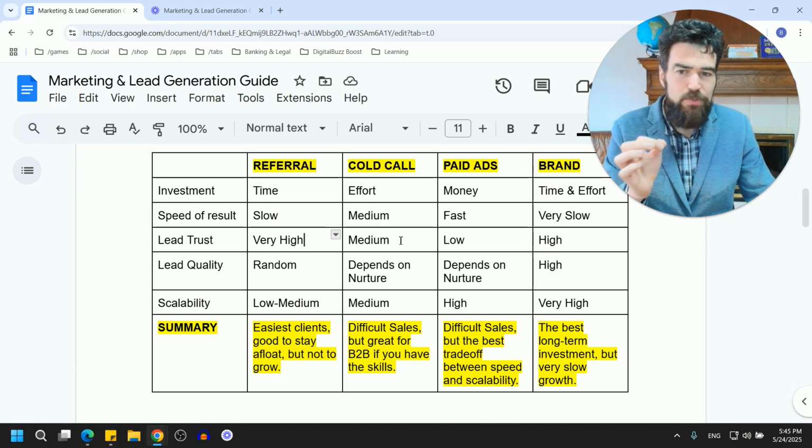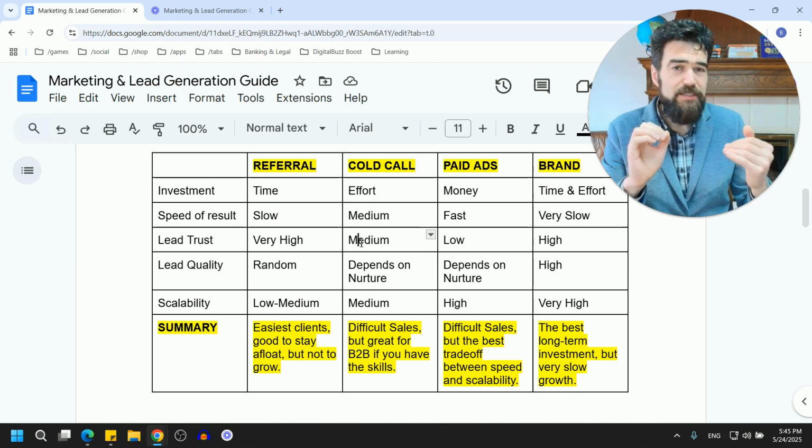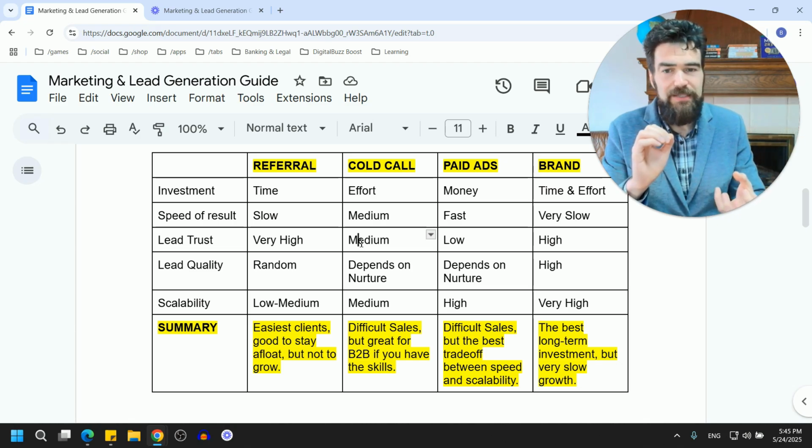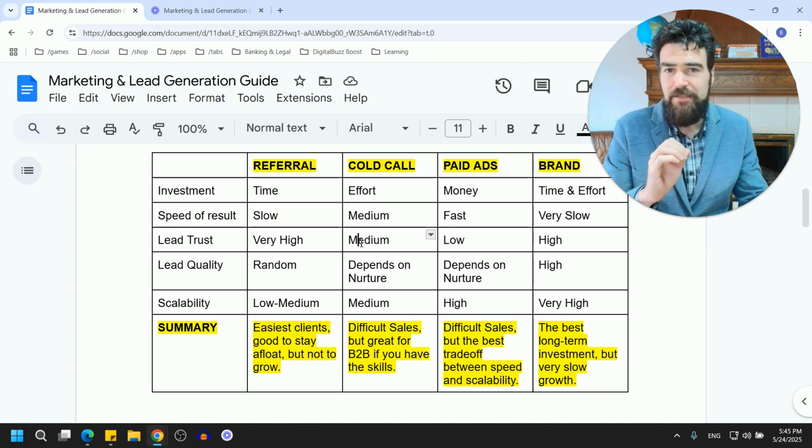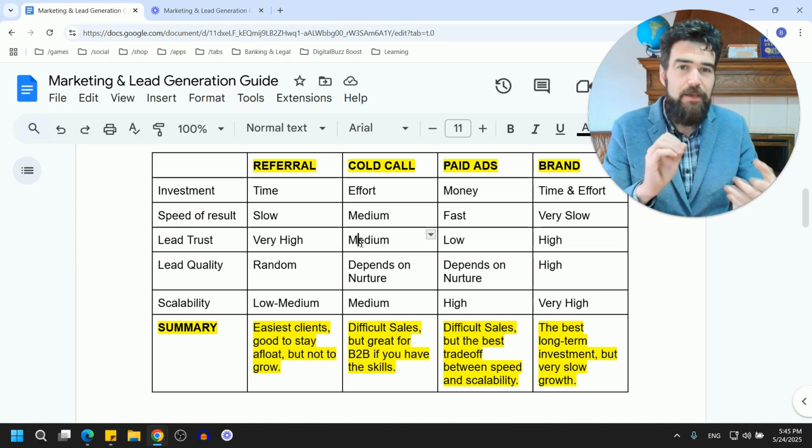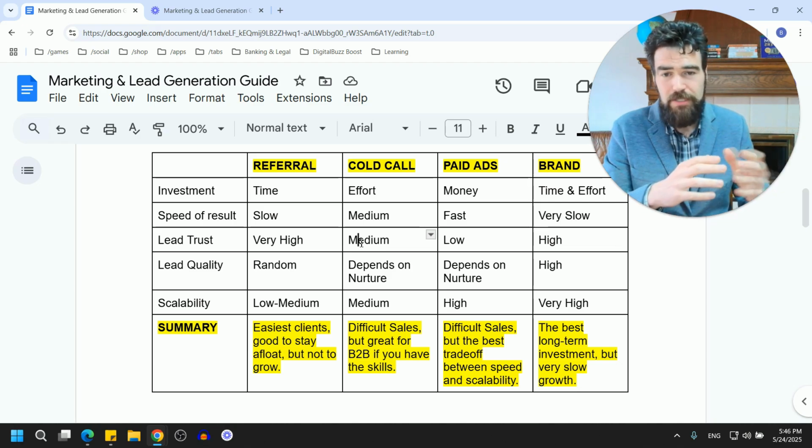The lead trust of cold outreach, I put medium here because when they come to the sales meeting, usually the trust they have should be medium because you already should have a solid conversation with them on the outreach or on the nurture.